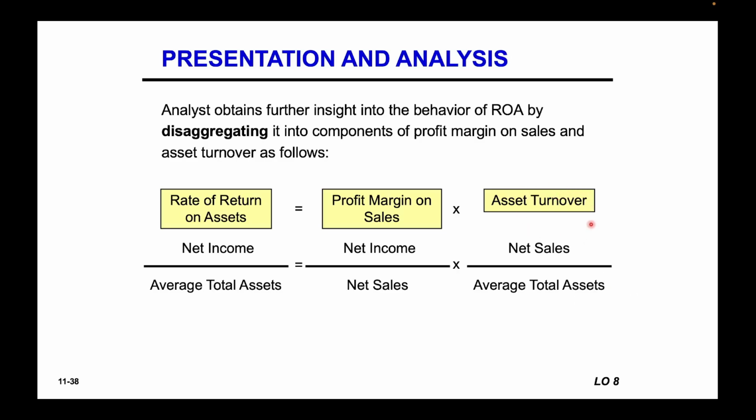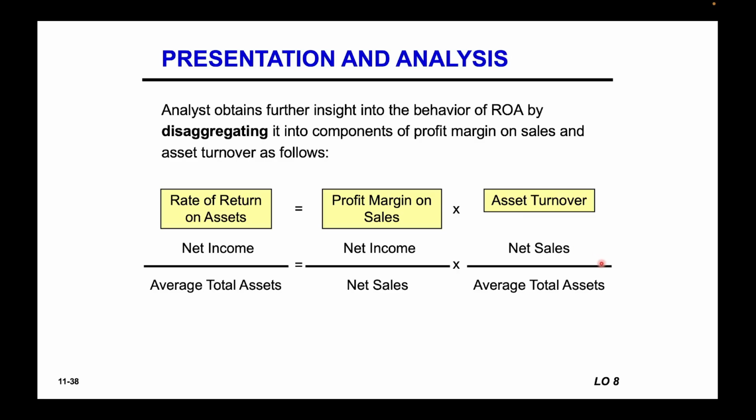So the first part is the profit margin on sales, with the formula of net income divided by net sales, and the second component is asset turnover, with the formula of net sales divided by average total asset. By multiplying these two ratios, we get the overall ROA: profit margin on sales times asset turnover.